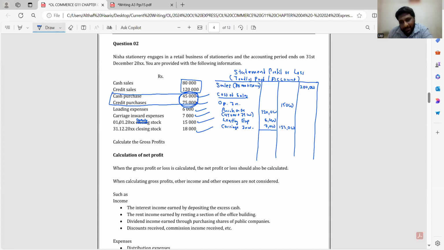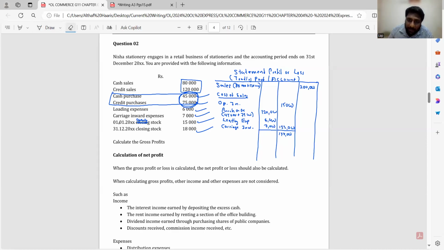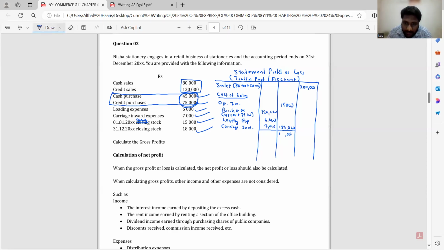People, I'm just asking. If you take this addition, you get 148. Does anyone know what name you give for 148? You had 15,000 worth of badu, and another 133,000 worth of items you purchased.